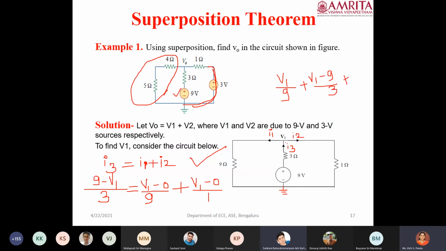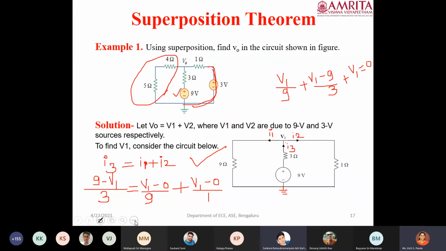Ma'am, we just took I1 plus I2 plus I3 is equal to 0. We just took the current direction of I3 as reverse. Okay, it's the same, ma'am. That is fine.